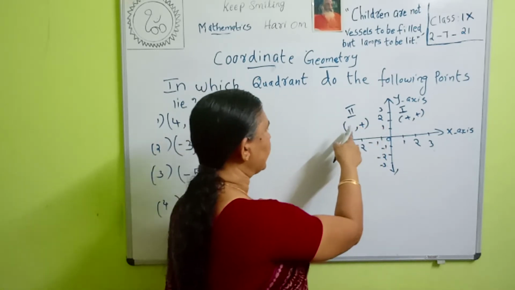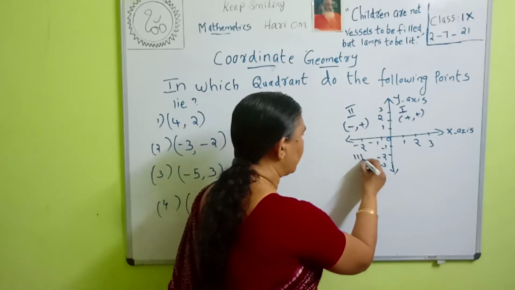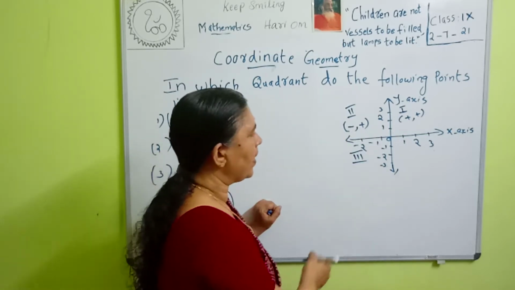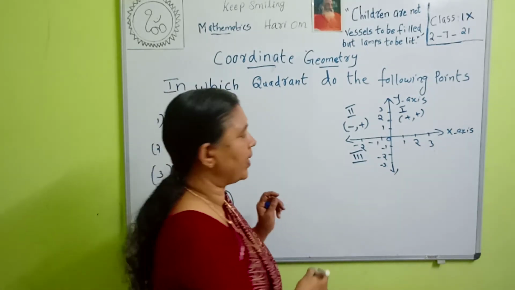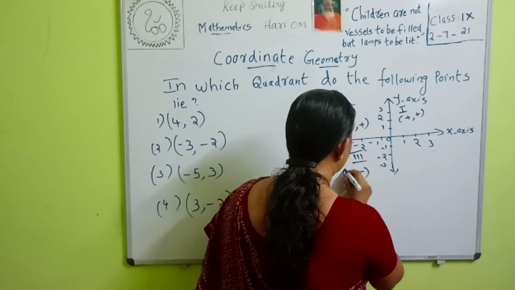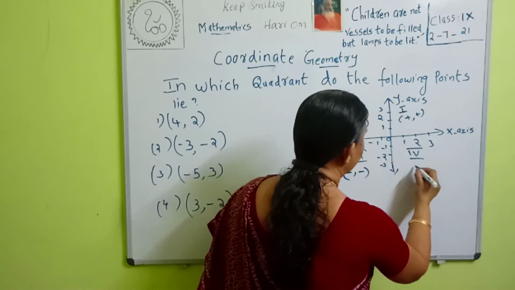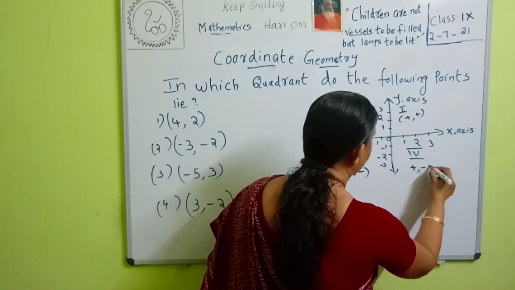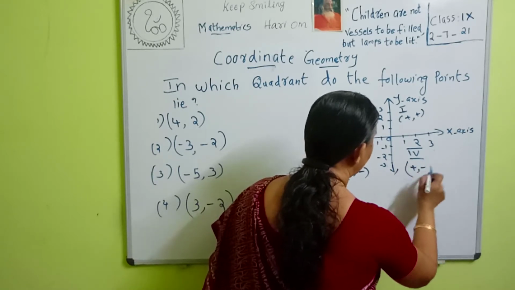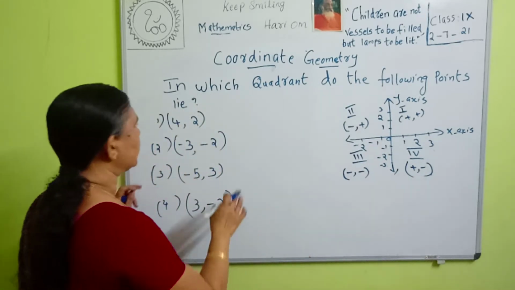Then this is the third quadrant, where both the x and y coordinates are negative. In the fourth quadrant, the x coordinate is positive and the y coordinate is negative. So you remember this when you are asked a question like this.